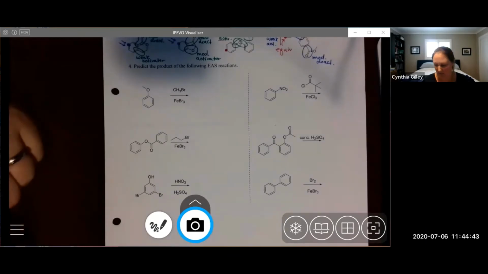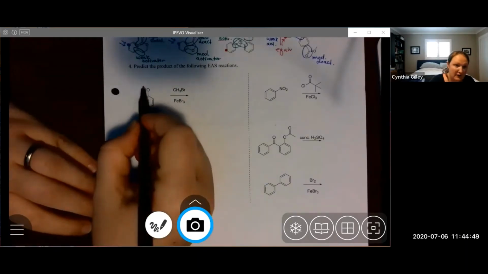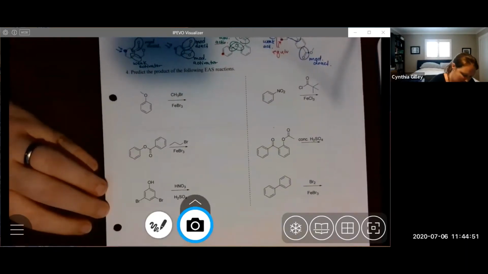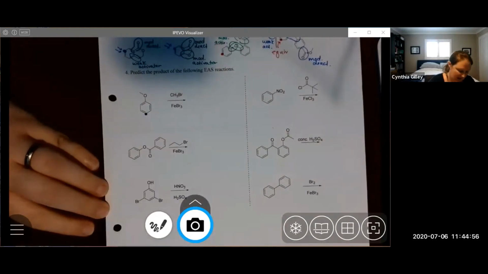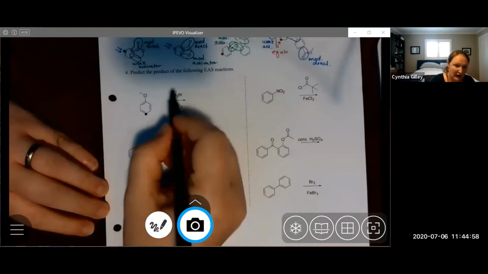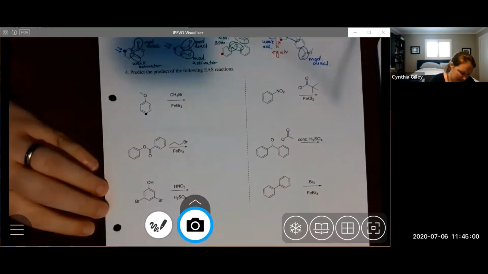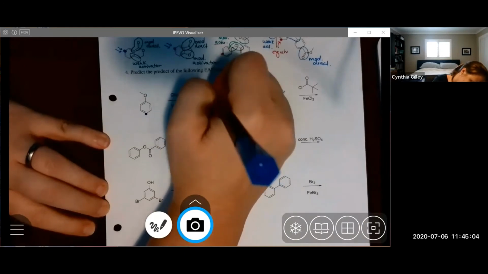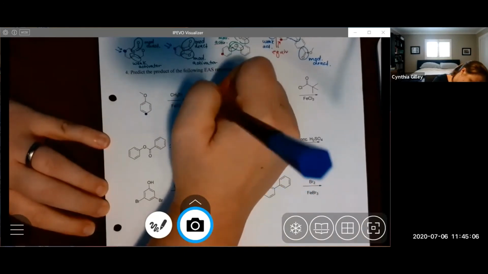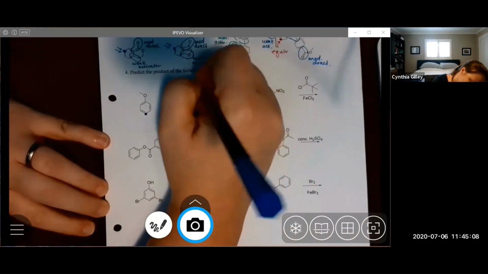That's always the one thing we want to keep in mind. This is a moderate activator and ortho-para director, so it's going to direct para first, and we are doing a Friedel-Crafts alkylation reaction and introducing a methyl group. So we're just going to place a methyl group in that para position.